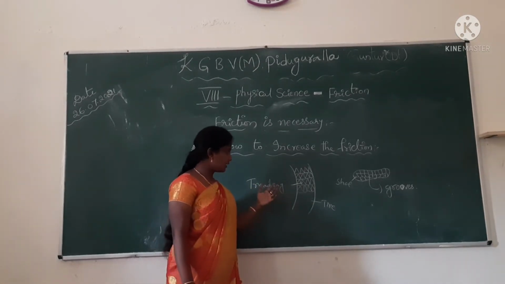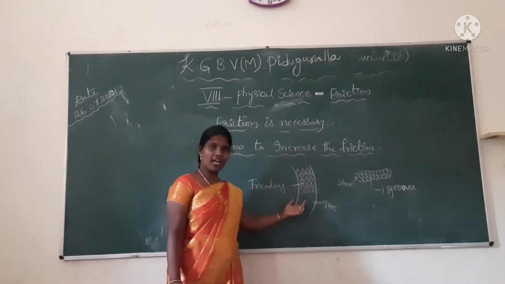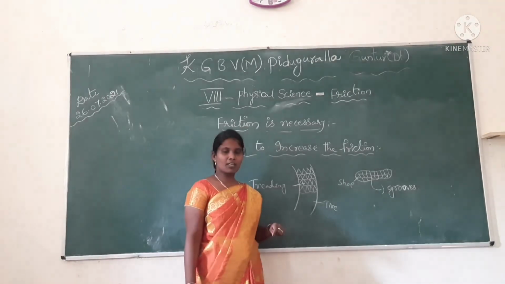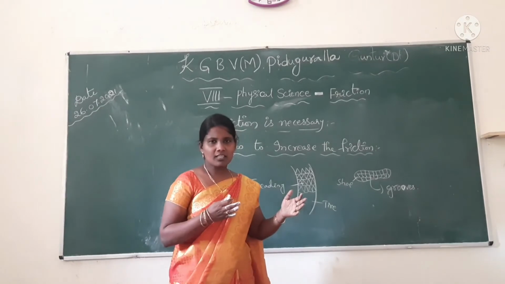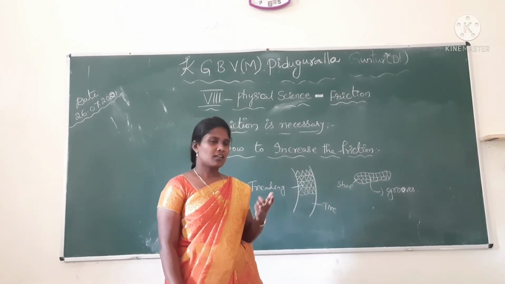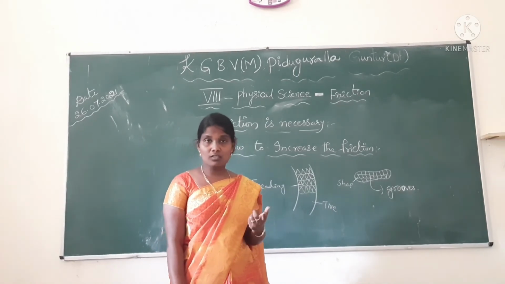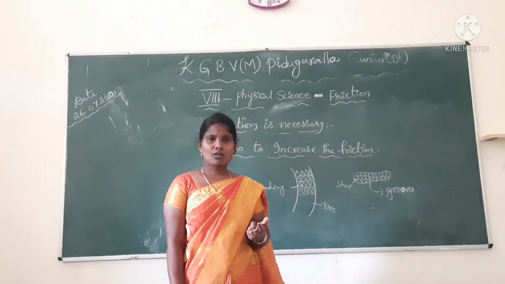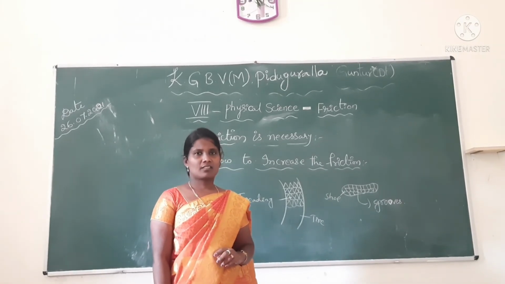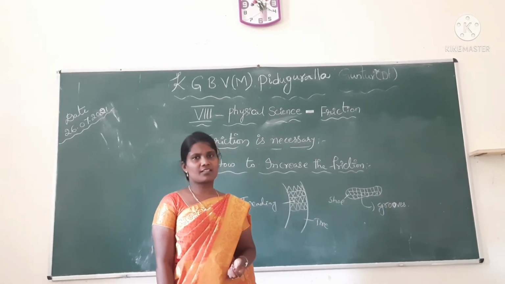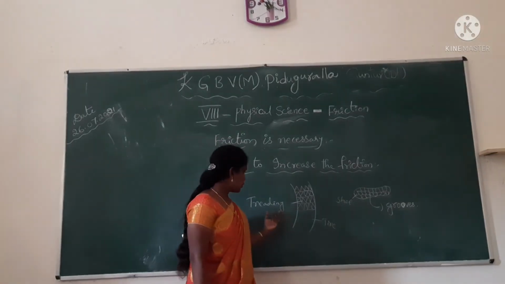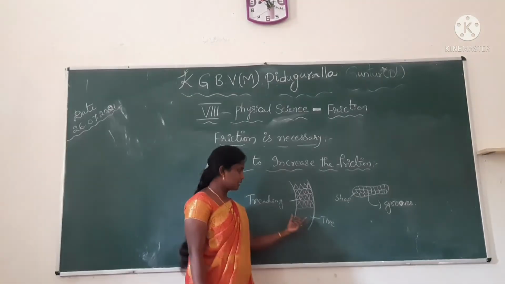We are using the structure of threading tyres. We have to increase the friction. Why? Because we are moving on the road. If there is no friction on the road, and the tyres are smooth, the vehicles will immediately skid. Then accidents occur. So we are using threading on tyres.